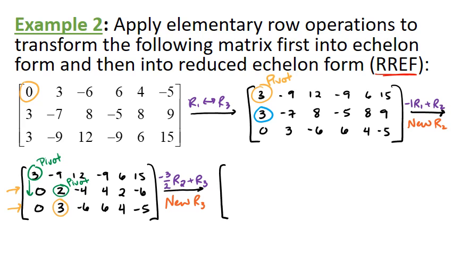So rows 1 and 2 remain the same. Oops, I got ahead of myself. Okay, so now row 3 changes, and it becomes 0, 3, -6, 6, 4, and -5.